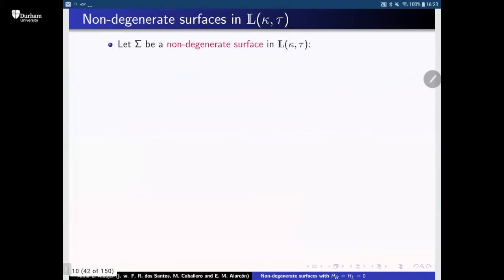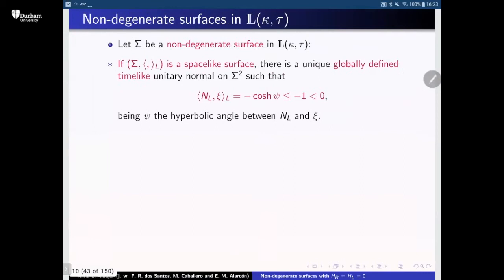Okay, so we will consider non-degenerate surfaces in the Lorentzian homogeneous space. A non-degenerate surface in a Lorentzian homogeneous space has two possibilities. It can be either space-like or time-like. If it is space-like, then it is well known that there is a unique globally defined time-like unitary normal, which is in the same time orientation as the Killing vector field T, and so this inequality is satisfied.